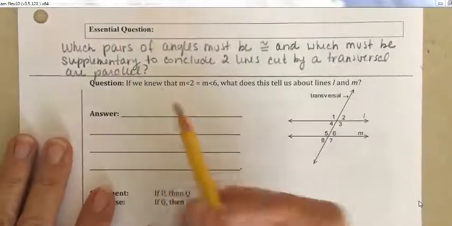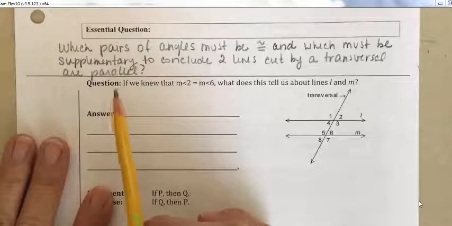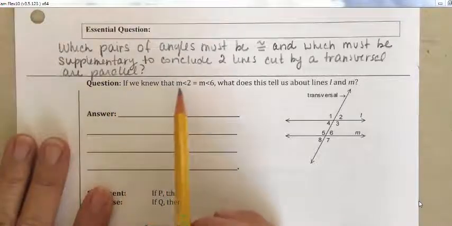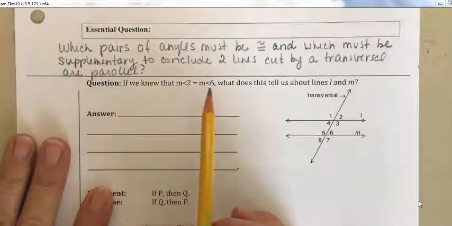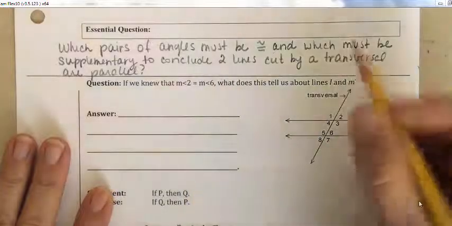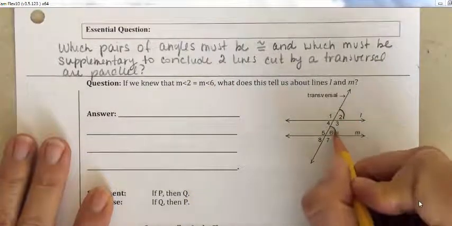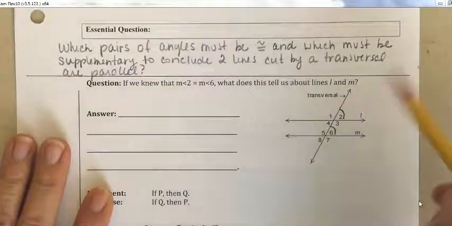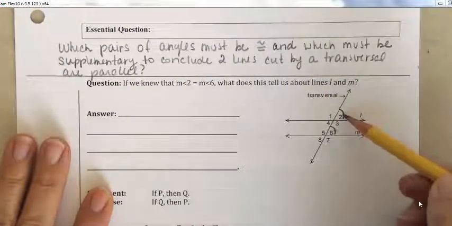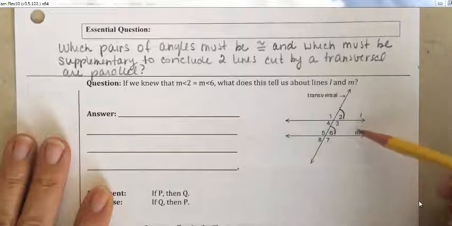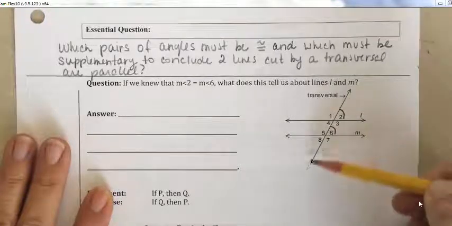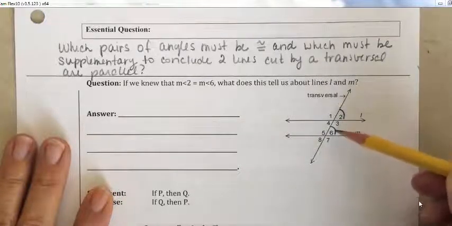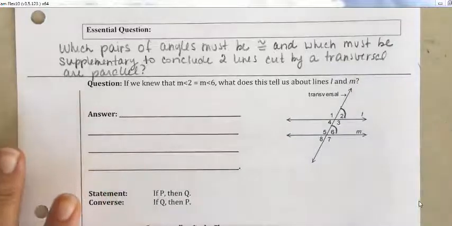So to help you with this, let me just ask you a question. If we knew that the measure of angle 2 and the measure of angle 6 were equal, so I know that angle 2 is congruent to angle 6, what does this tell us about lines L and M? Well, angle 2 and angle 6 are corresponding angles. And anytime I have parallel lines cut by a transversal, corresponding angles are equal in measure, or congruent, right?